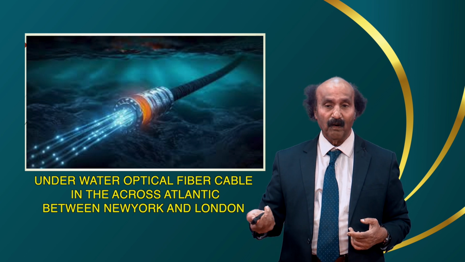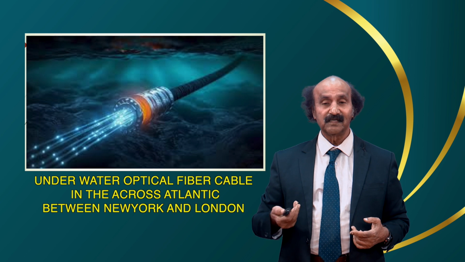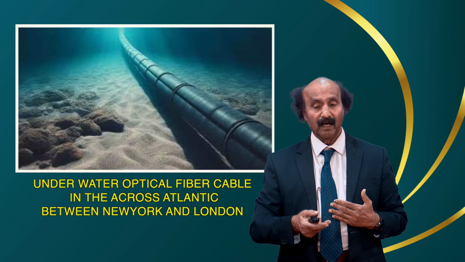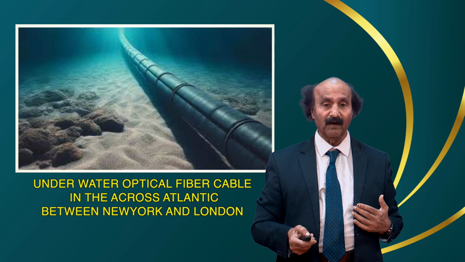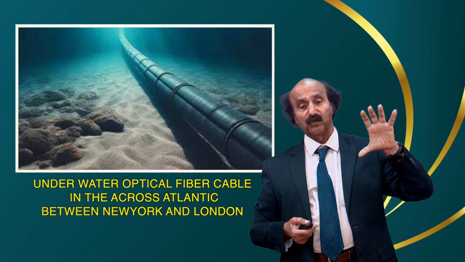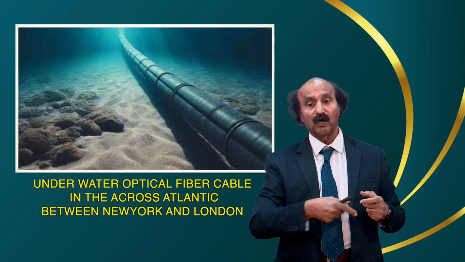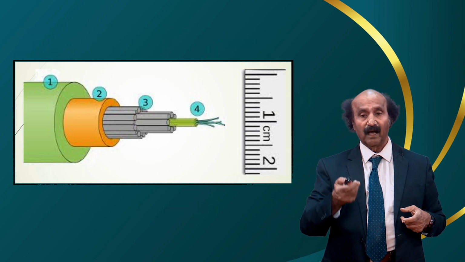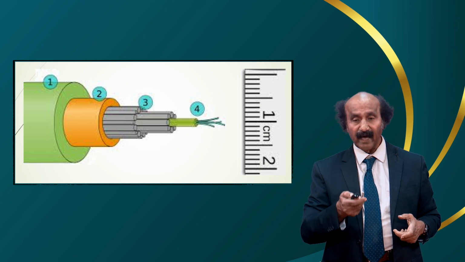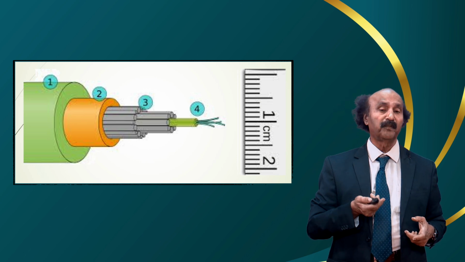You can see a big tube. This is very properly covered material, inside which you will have this kind of combination. You have a metal, inside you have a thick sheet, and then you have a number of protecting materials, and then you will have the inner core. The inner core will carry a few hundred optical fibers.